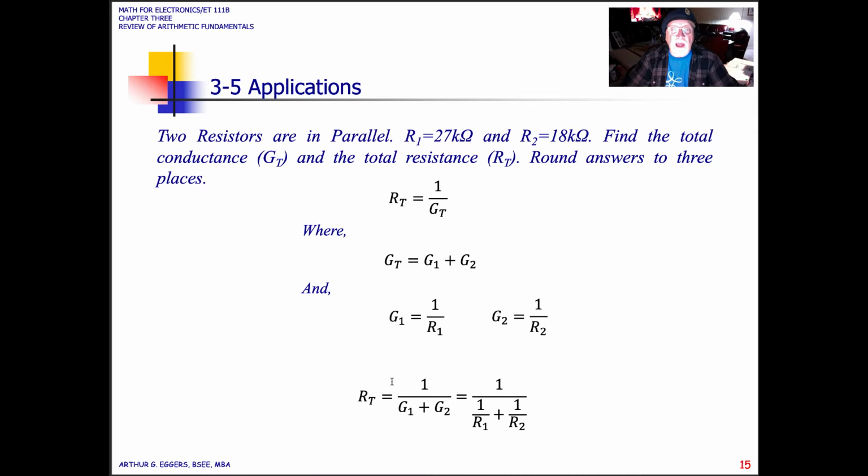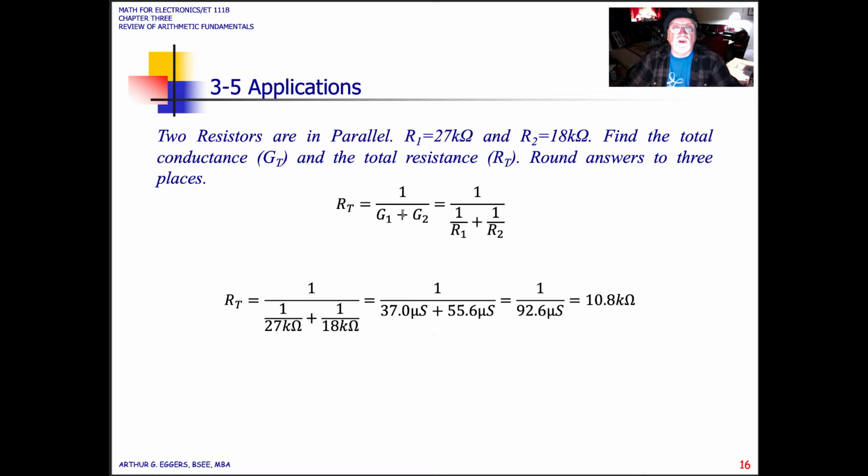So if we create the mathematical relationship, we have the resistance total is equal to 1 over the sum of the two conductances, which is equal to 1 over the reciprocal of resistance 1 and resistance 2 summed together.